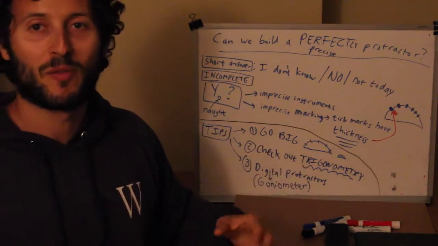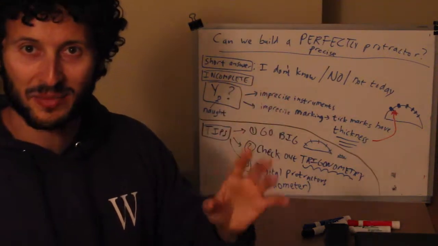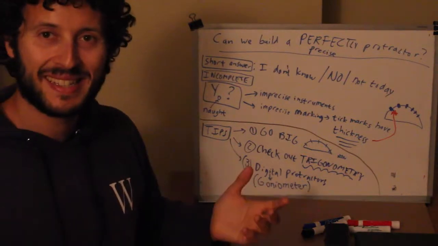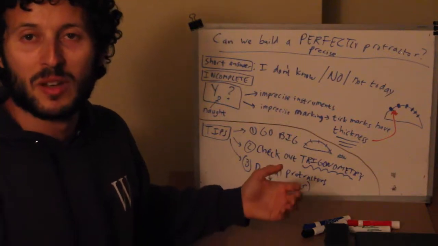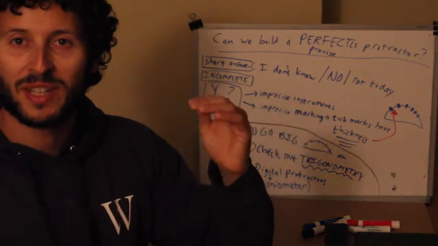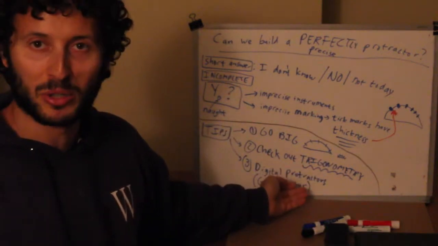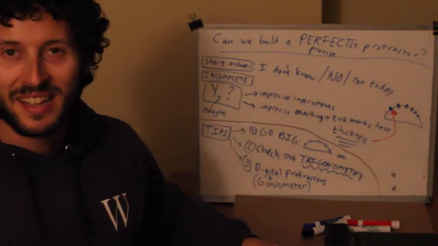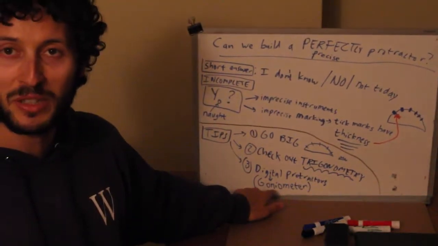I know there's a lot more precision in physics, for example, when they're measuring electrons and radioactive decay. But as far as protractors go, it seems to me that a common good precision tool, not super state of the art, is a digital protractor. It's actually called a goniometer.